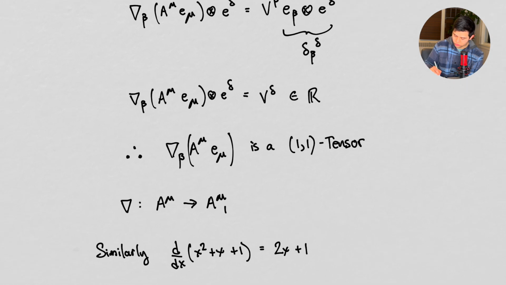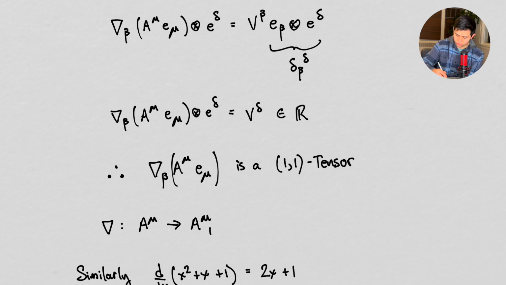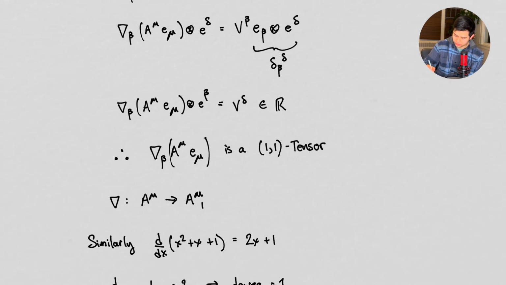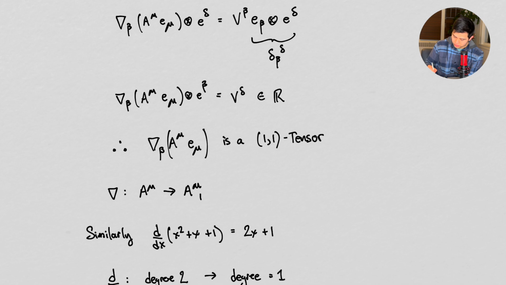So this means, so we wanted delta to go to beta because of this right here, okay? Well, this means that this covariant derivative of this vector must be a 1-1 tensor because it brought us to this number.